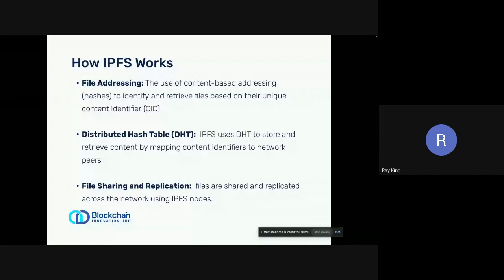Whenever the network requests a particular file, it points you to the network peers that have the file, and from there, using the DHT and the CID, you can locate where the file is. That's how IPFS uses a distributed hash table, and files are shared and replicated across the network using IPFS nodes. We know what nodes are.